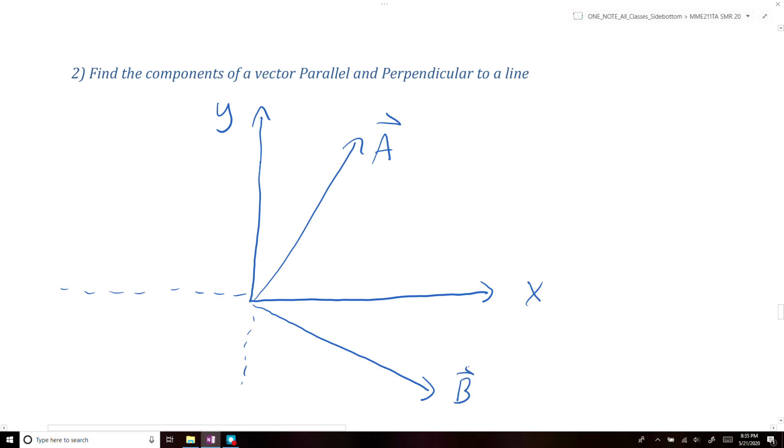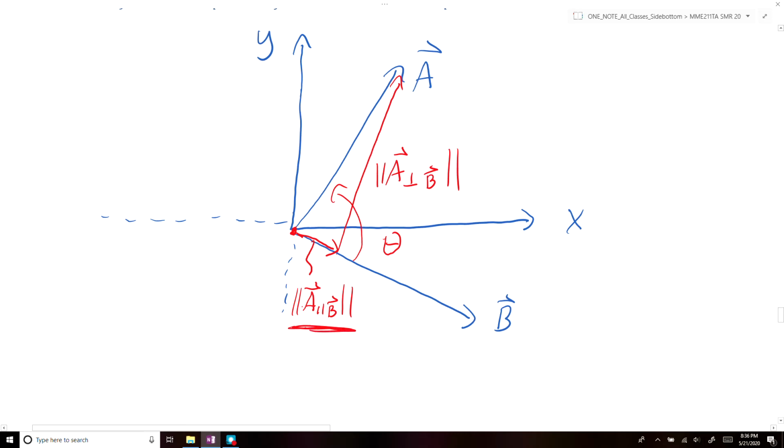We want to determine the projection of vector A onto vector B. So we want to know what part, or component, of vector A is parallel with vector B, and what part of vector A is perpendicular with vector B. We know the angle between those two vectors.